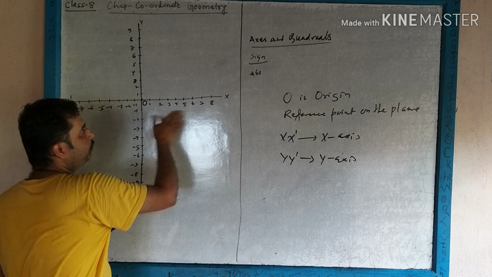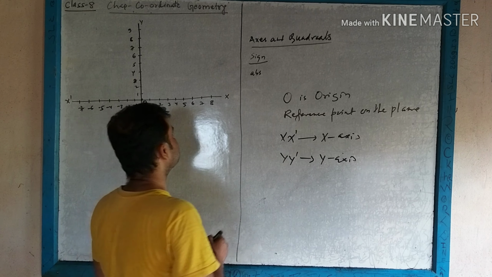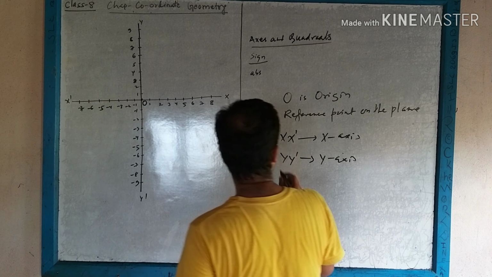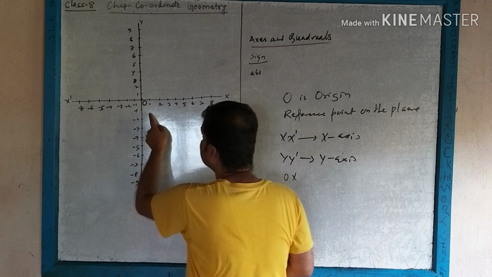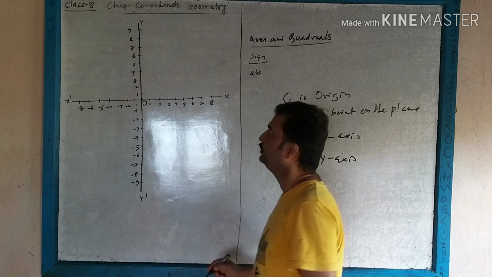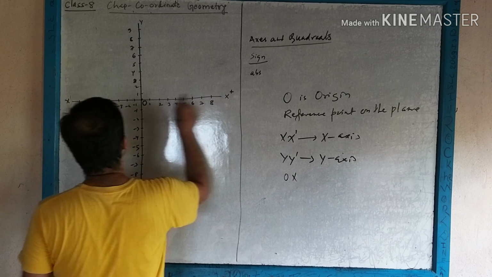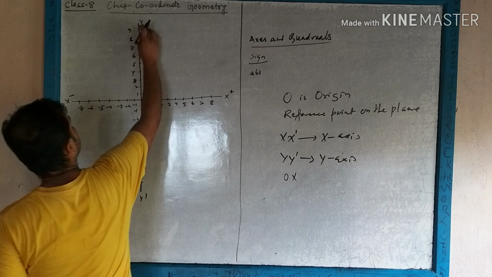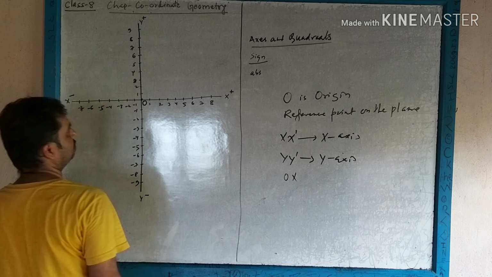So here we have positive scale. Here we have positive scale. So this OX is all x-axis. You can say x plus x minus also, or y plus y minus also.